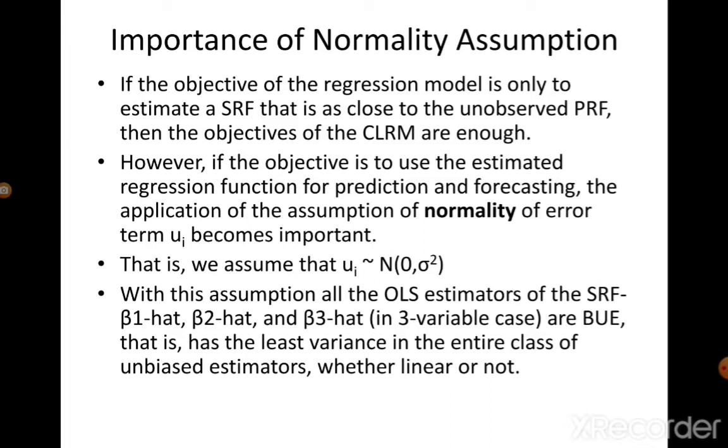We assume that ui follows a normal distribution with mean 0 and variance sigma square. Similar to the two-variable case, even in a multivariable regression model, this assumption of normality of the disturbance or the error term ensures that our OLS estimators, beta 1 hat, beta 2 hat, beta 3 hat, are not just the best unbiased estimators in the entire class of linear estimators, but even among linear and non-linear estimators.